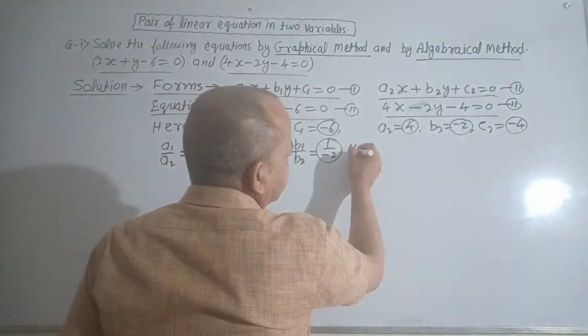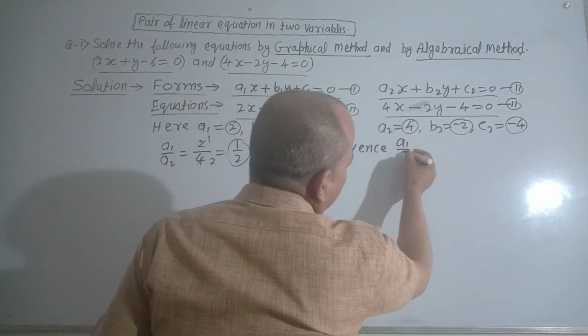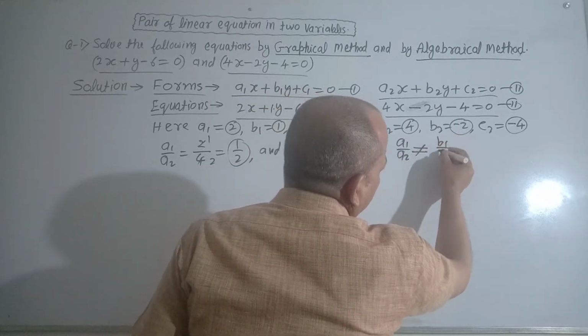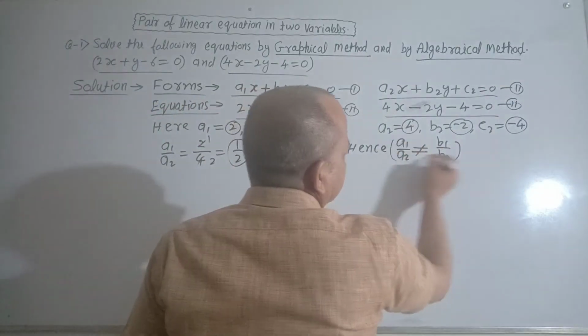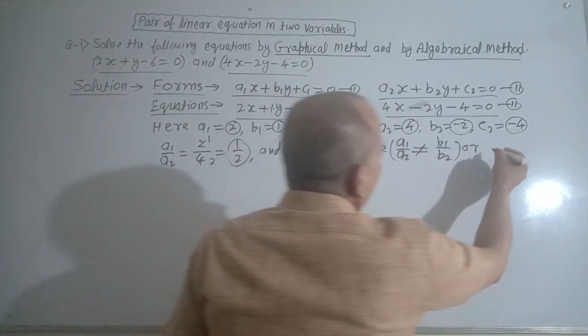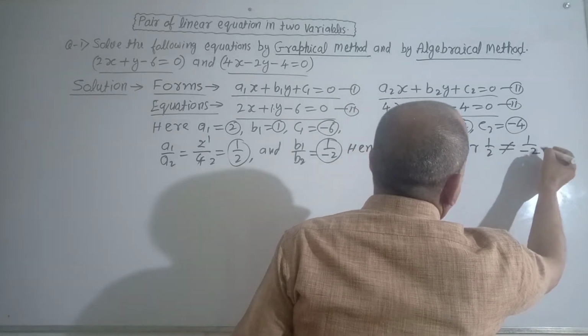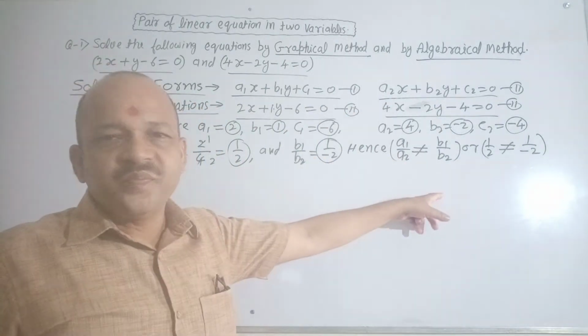Hence a1 by a2 not equal to b1 by b2, or 1 by 2 not equal to 1 by minus 2. It is clear.